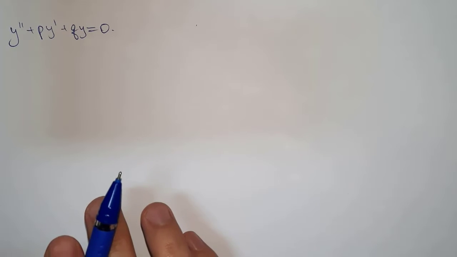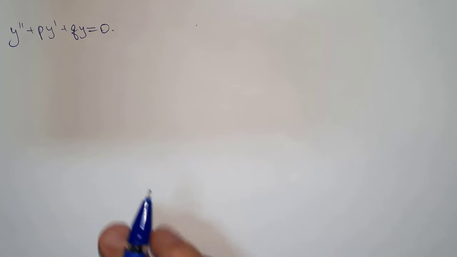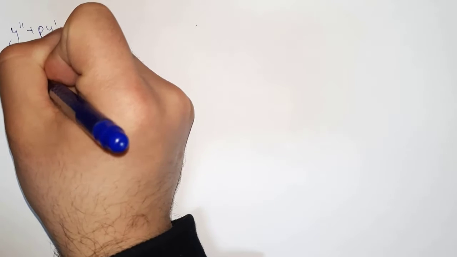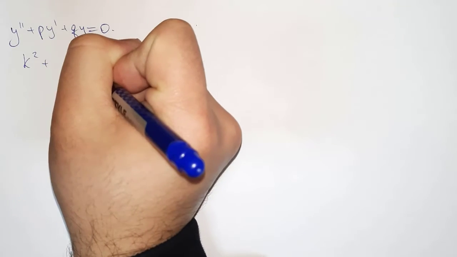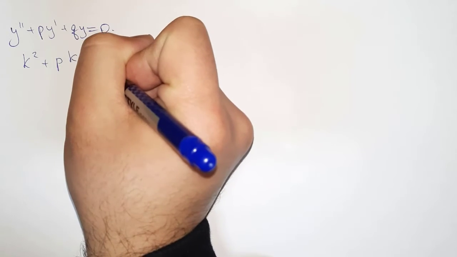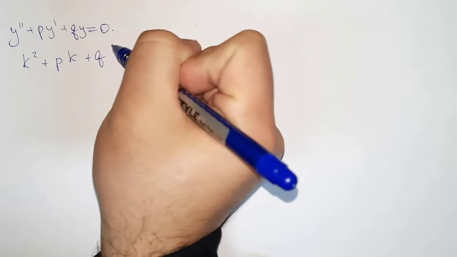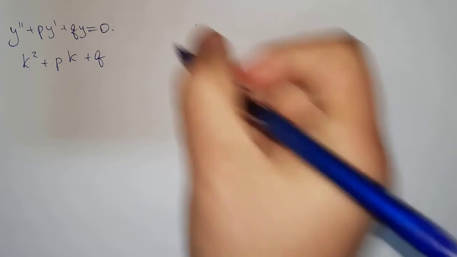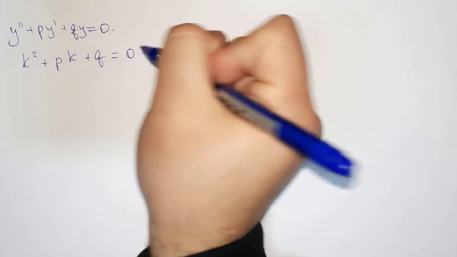So for each such equation, we can write the so-called characteristic equation: k squared plus p times k plus q. This is what we call the characteristic equation, where we change y to k.